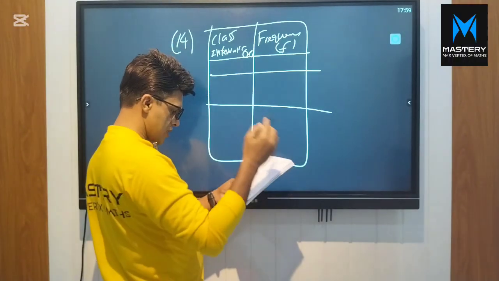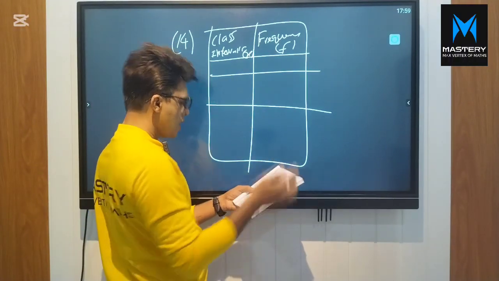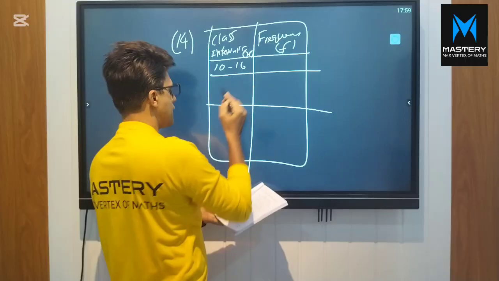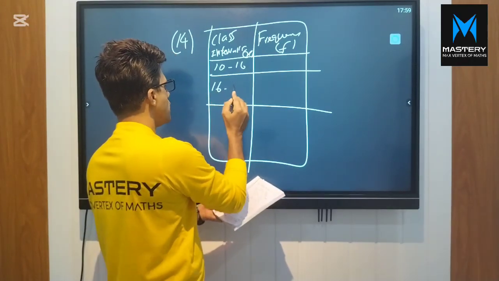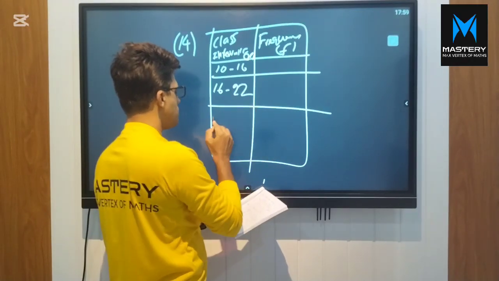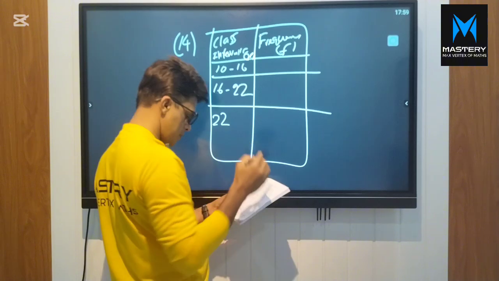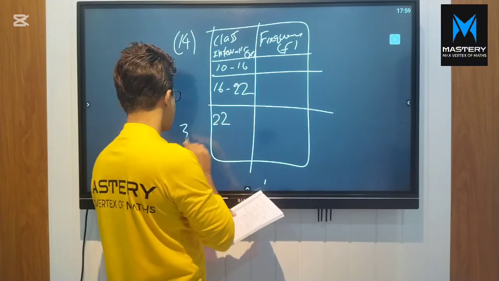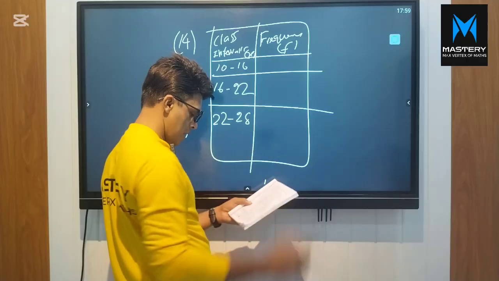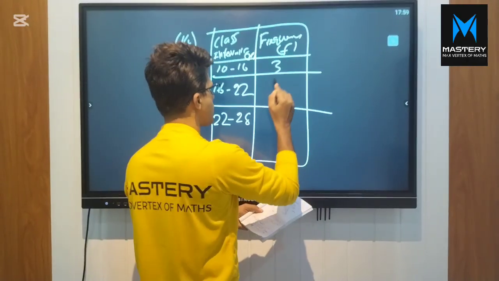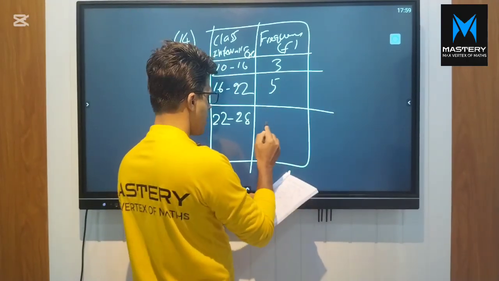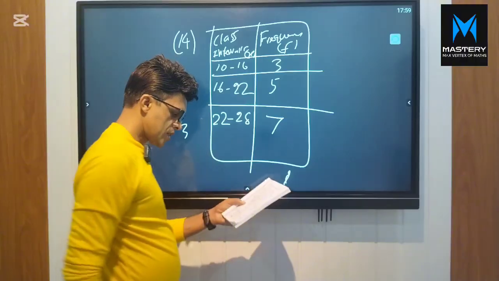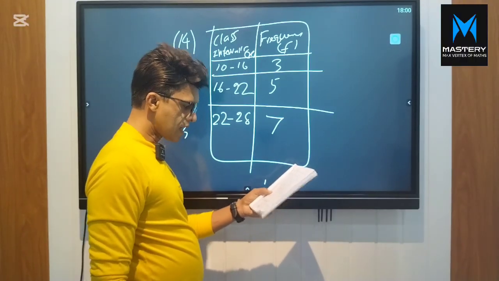First class is 10 to 16. Next one 16 to 22. Next one 22 to 28. Frequency values, corresponding values 3, 5, 7. Anyway, the question is find the class size.